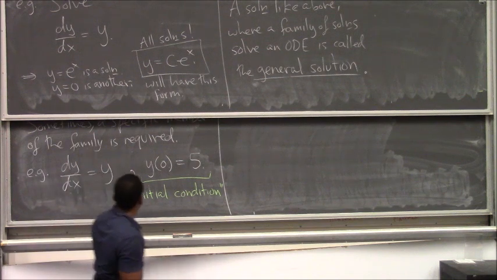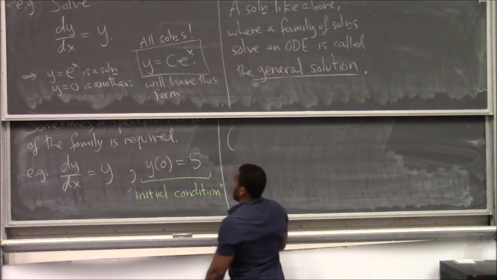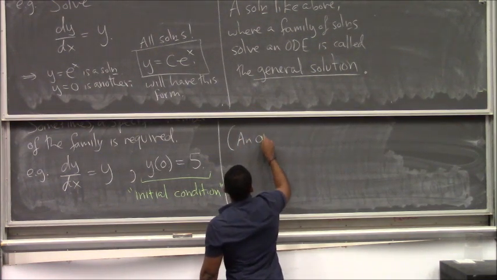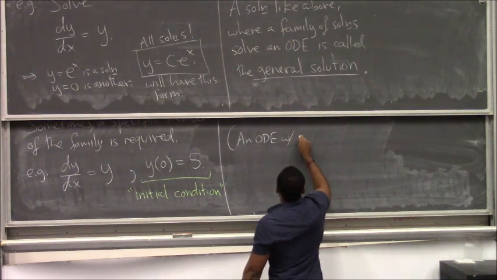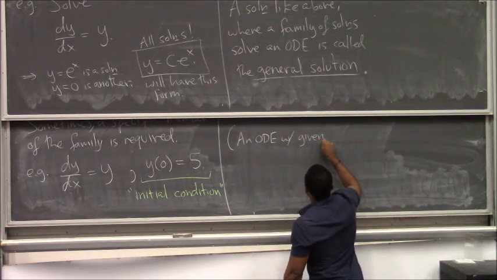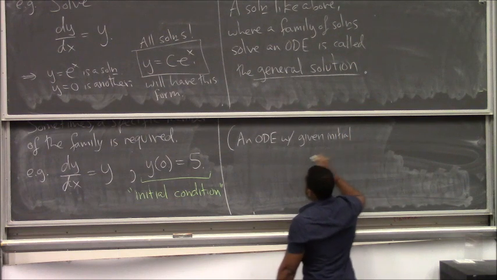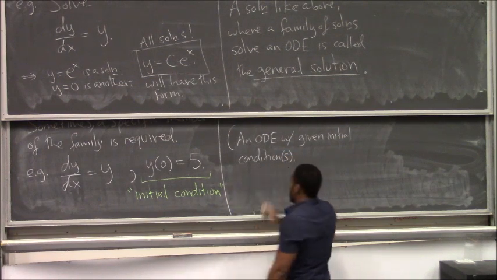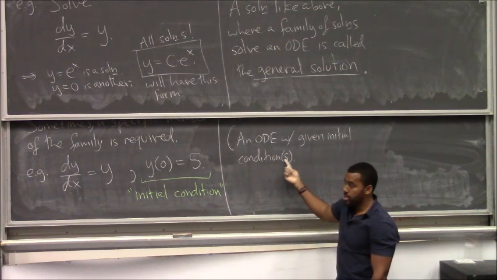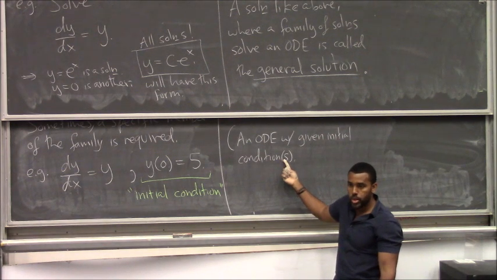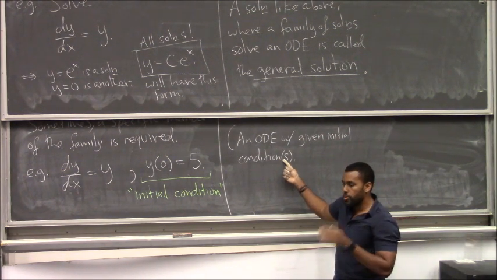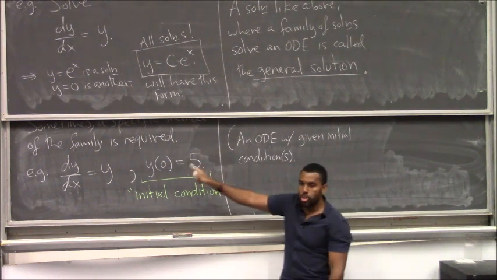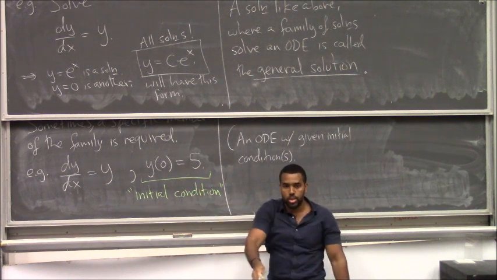Now, this is just another vocabulary thing. An ODE with given initial conditions. You can have multiple. In general, you have to have as many conditions as the order of the differential equation. So chances are to find one particular function for an nth order ODE, you'll need to know what the function is doing at n different points.